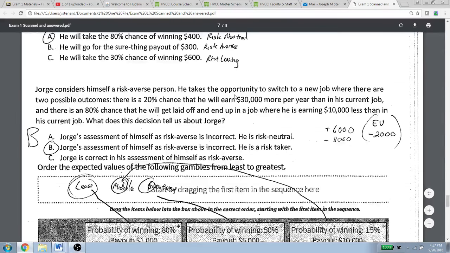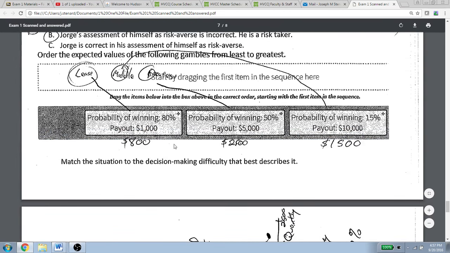But Jorge, despite saying that he was a risk-averse person, took a job that had a lower expected value. That tells us that Jorge's assessment of himself as a risk-averse person is incorrect. He's actually a risk-taker.